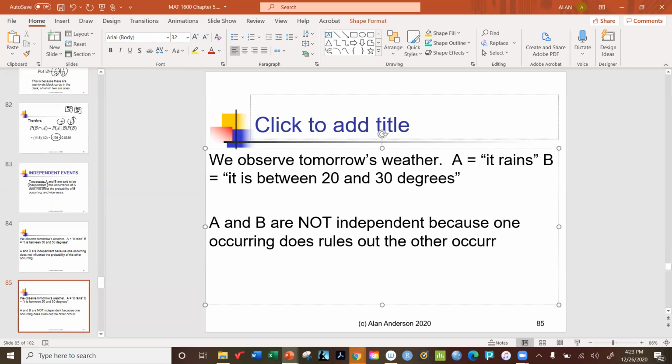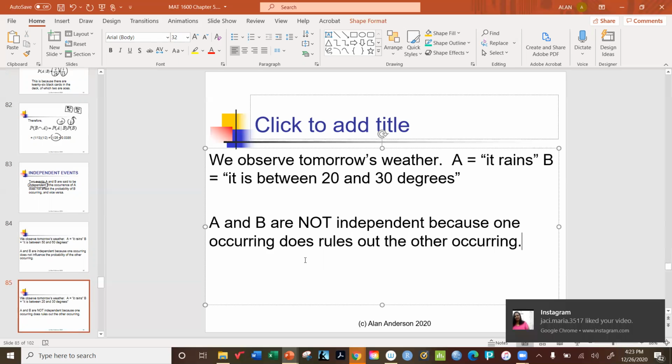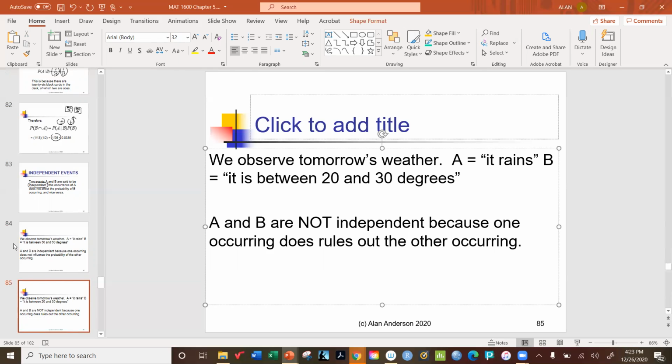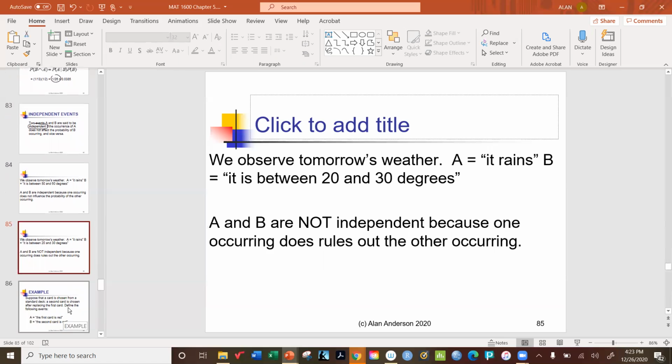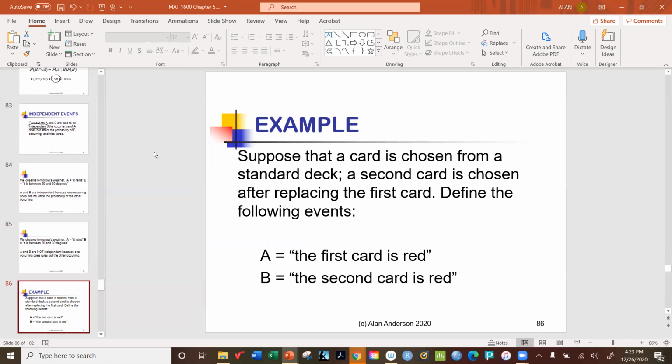In other words, it obviously can't rain if it's between 20 and 30 degrees. So if we know that it's between 20 and 30 degrees, then A can't be true. It must be snowing instead of raining, and vice versa. Okay. So anyway, that's what independence is. But now we have a much more formal definition of it that we'd like to address right now.